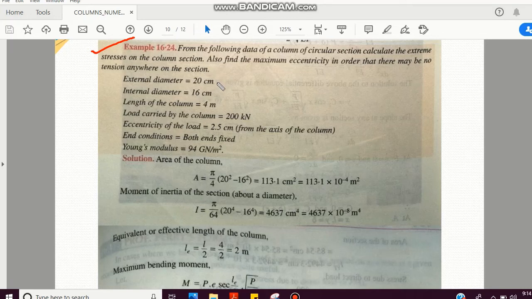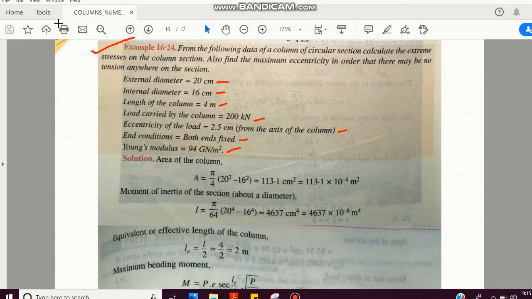The external dia is 20, internal dia 16, length of the column is 4, the load carried by the column is 200 kilonewton, eccentricity of the load is 2.5 centimeter from the axis of the column, end condition is both end fixed, and Young's modulus is 94 giganewton per meter square.